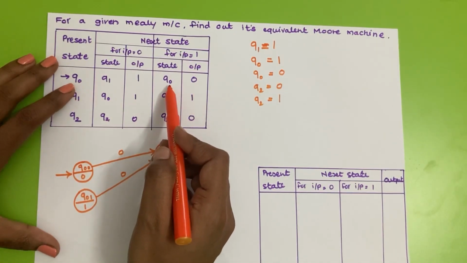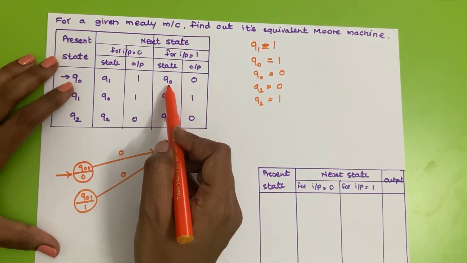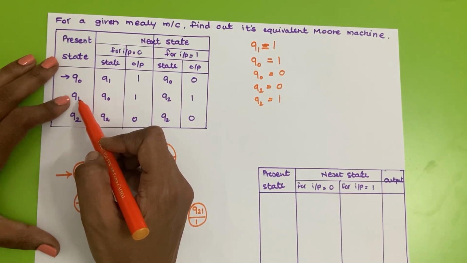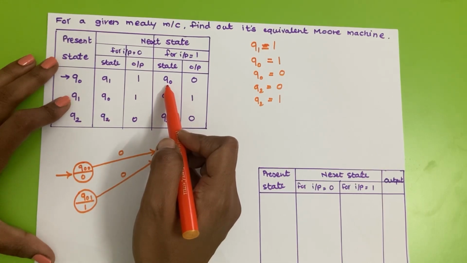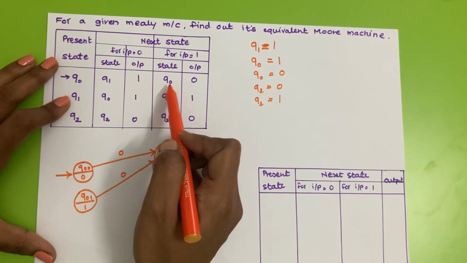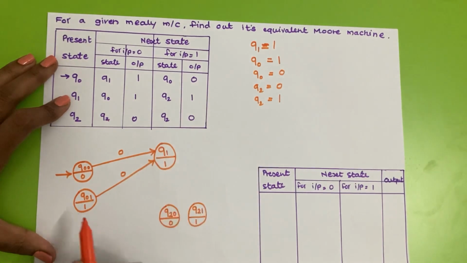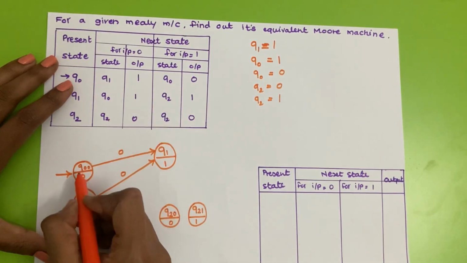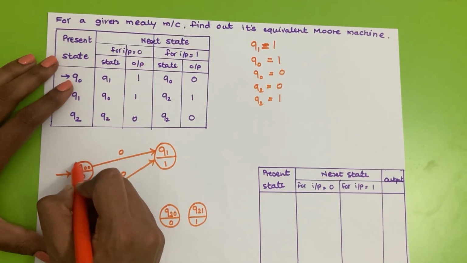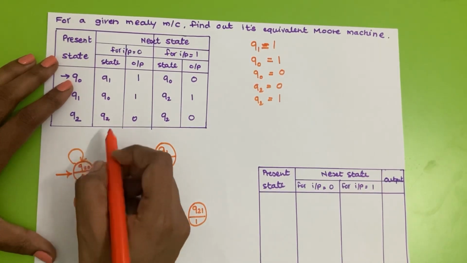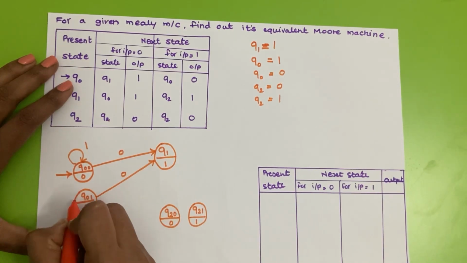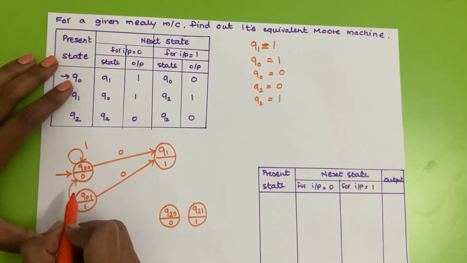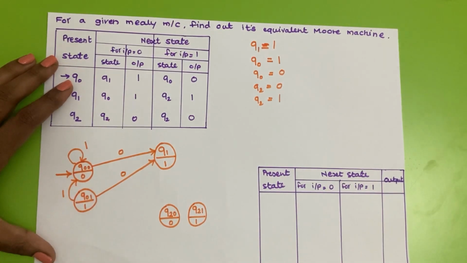Q0 1 to Q0, so this transition will go from both of the states of Q0, but it will go to a single state, that is Q0, which outputs 0. So Q0 0 to Q0 0 by taking input symbol 1, as well as from Q0 1 to Q0 0 by taking input symbol 1.